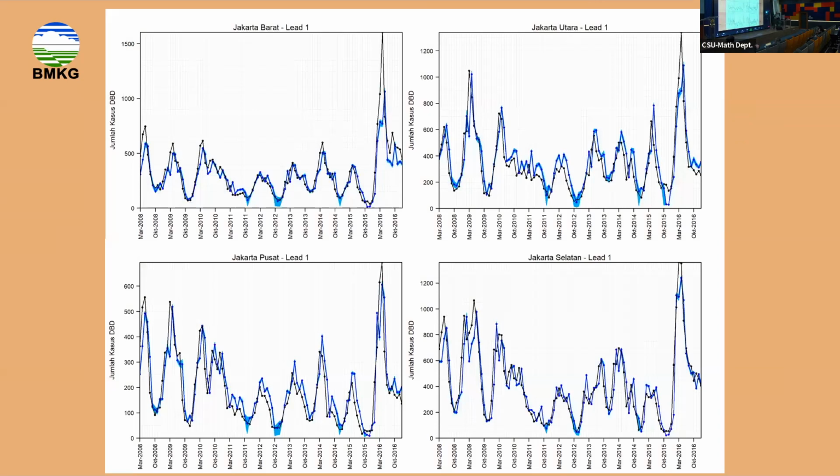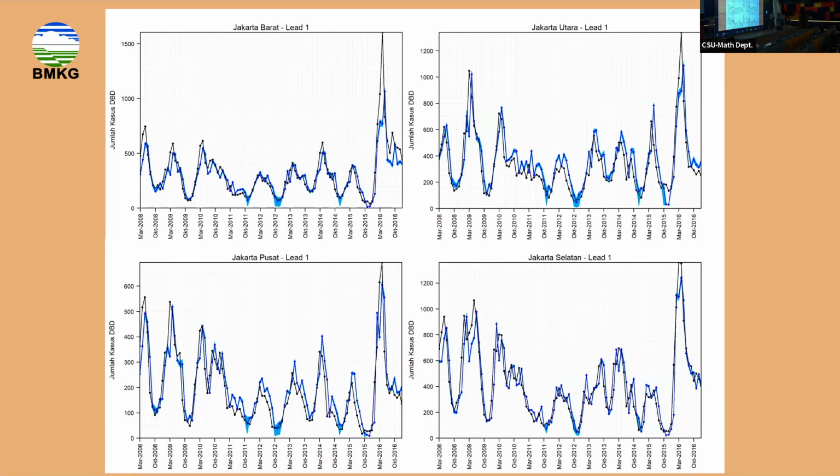Then this is a kind of model validation from their perspective. They count the lead time. So lead 0 is the real data, lead 1 is one time step ahead, lead 2 is two times ahead, and so on.